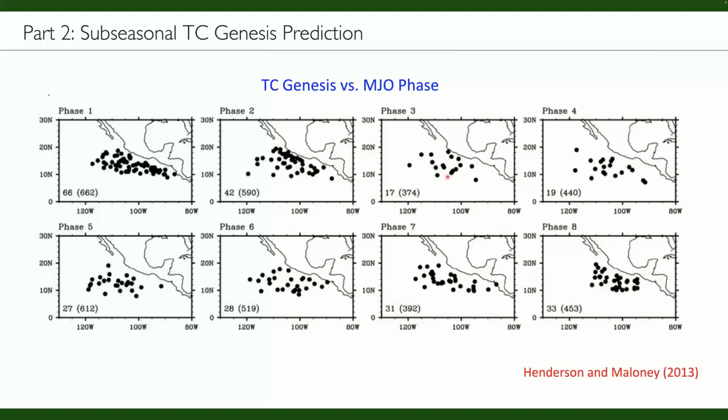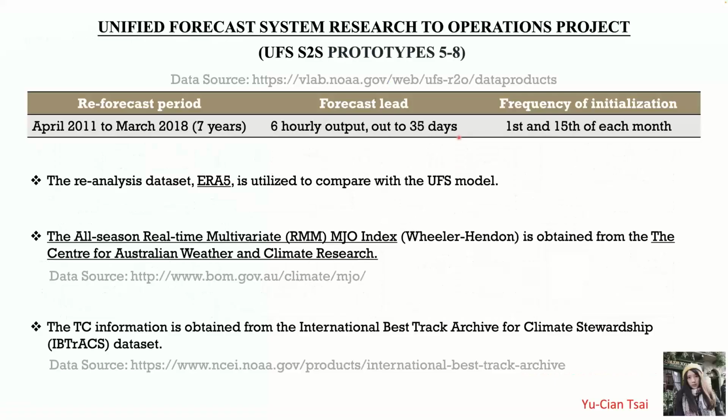So we wanted to look at how the UFS predicts tropical cyclogenesis at subseasonal timescales, and whether it can get this modulation of TC genesis at 2 to 3 week lead times, which might have some forecast applications for folks in Central America and Mexico, for example.